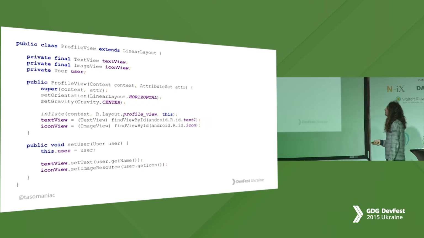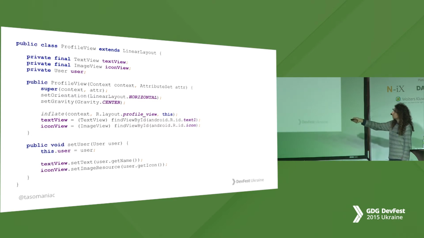So, within the constructors, within the custom view, we may of course have the text view and icon view, and we will have a user, right? We will inflate the view inside our linear layout, and we will get our text view and icon view using find view by ID again.